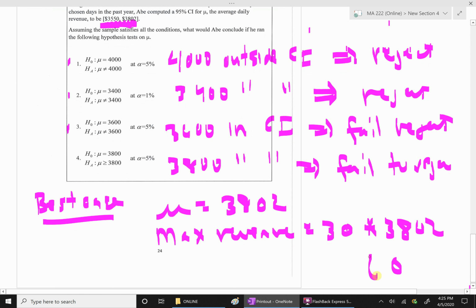And we could just work that out in our heads. So that's going to be 0, 6, 0, 23. So this would say that the most revenue he would take in next month would be around $234,060.